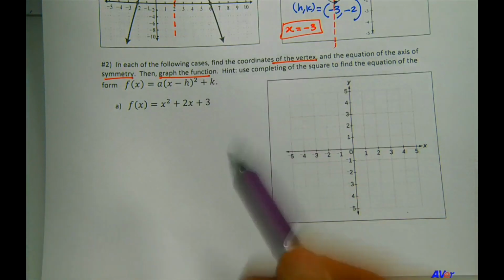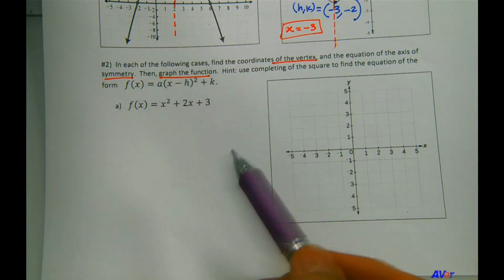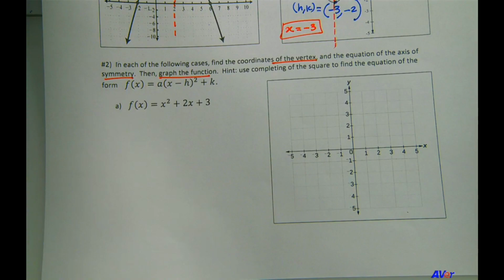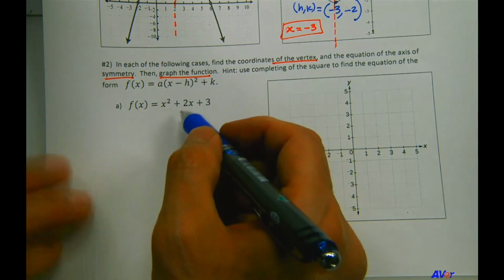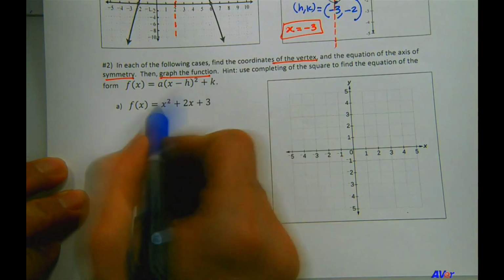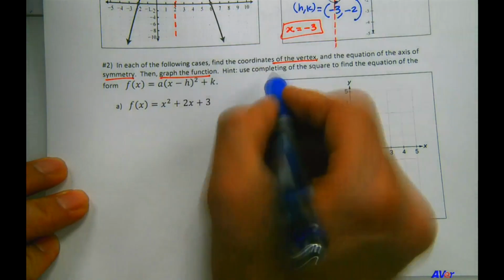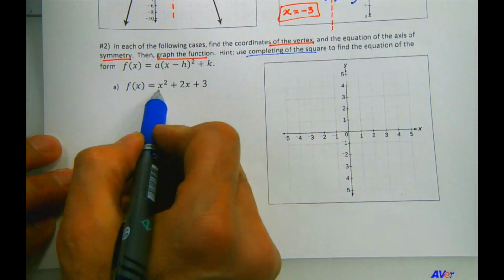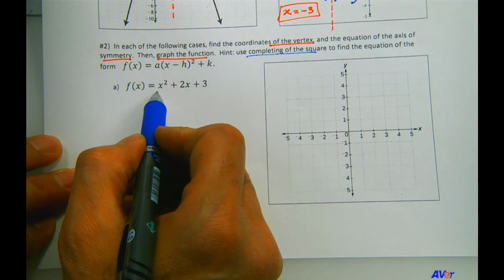For now, we're going to use the completing the square method in order to put this equation in this form. Remember from last time that when we apply the completing the square method, the coefficient of the quadratic term must be positive 1.